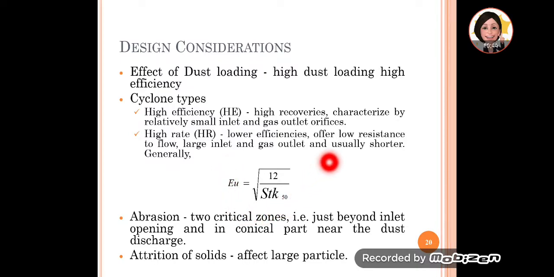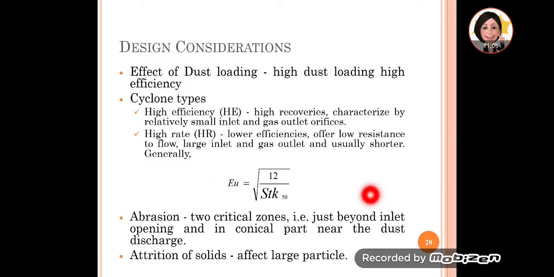High values of resistance coefficient, so a high value of Euler number, will lead to a low value of Stokes 50, which means low cut sizes will give you high efficiency and vice versa.